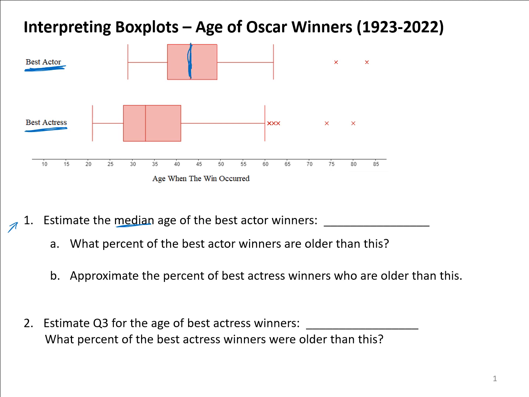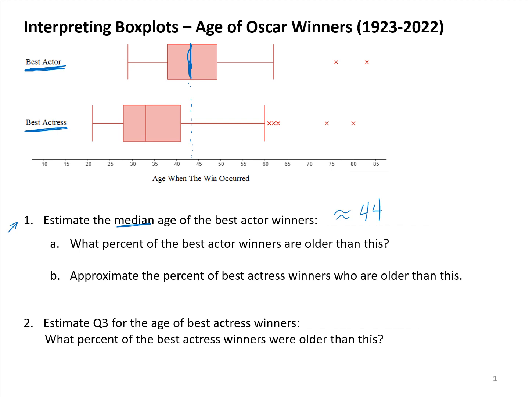So right here. And to figure out what that age is, we just go down to the axis, and it looks like it would be somewhere between 40 and 45, closer to 45, so maybe 44 years of age. As an approximate, it might be 43, but around 44, 43. We just have to do our best to approximate that.